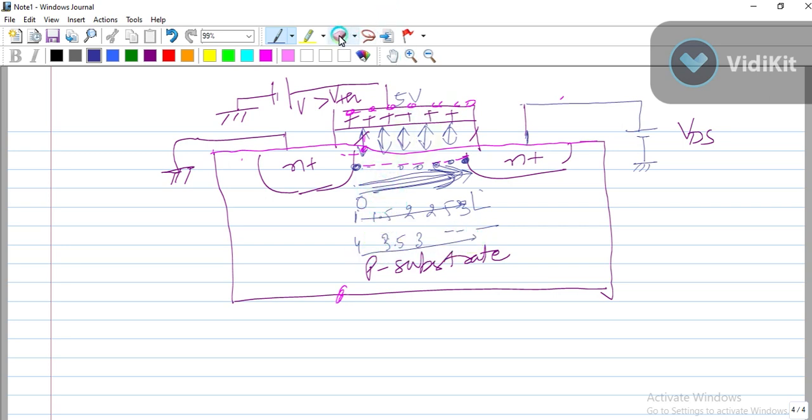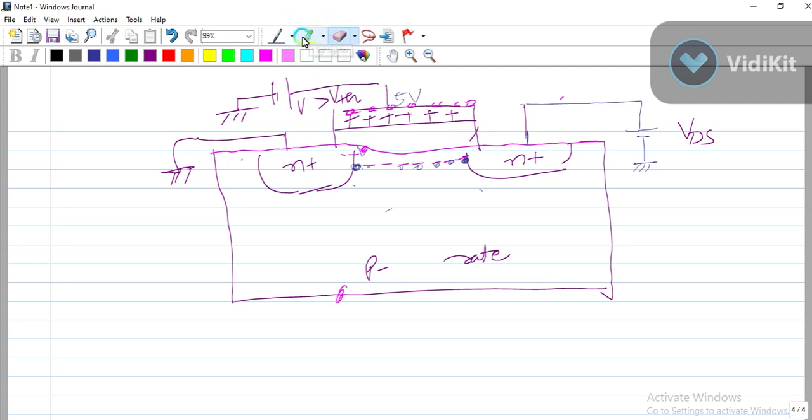So what we understood is that when we applied this VDS, the potential difference varies as we move from 0 to L, and it is decreasing.